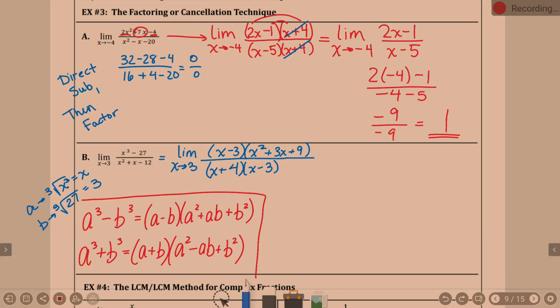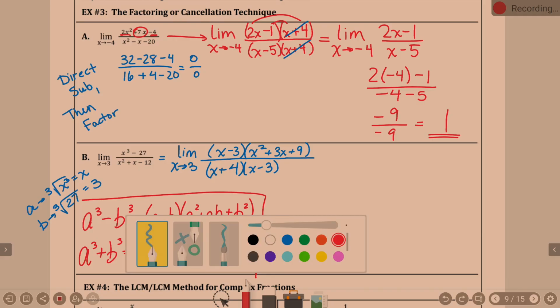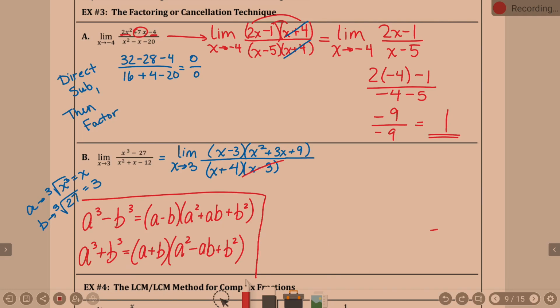And then, of course, what happened by design in this problem? X minus 3 cancel. You can rewrite the limit, but could you also just go to direct substitution if you wanted to? Yeah, you could. So plug in the 3.